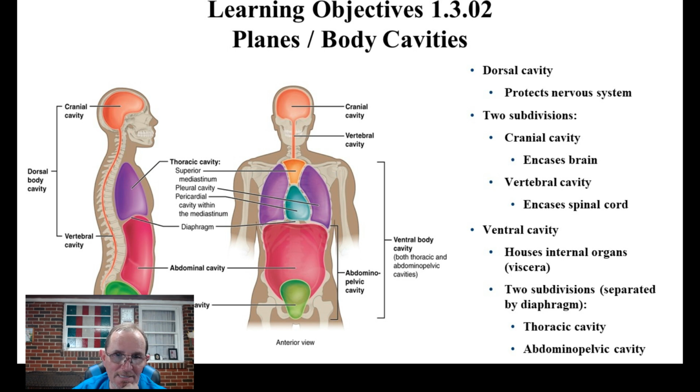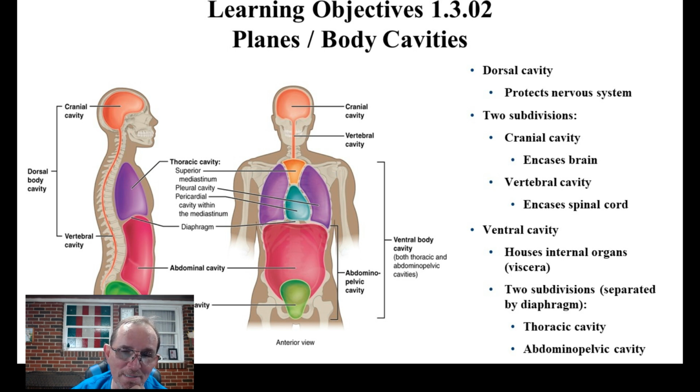Okay. Here's the abdominal cavity, and right there is that bone. Everything below that bone in here is considered to be the pelvic cavity. This is the abdominal cavity. In general, especially in the lecture or in the lab, I just prefer you to call it the abdominal pelvic.